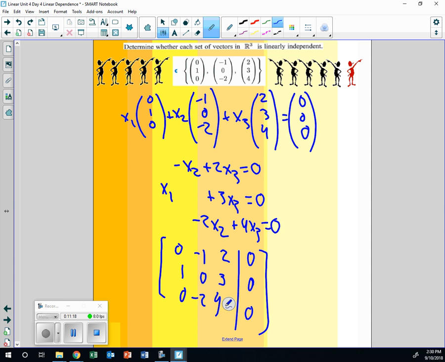Well, my way is way easier. You ready to see it? Just solve these two equations. What's the common variable between these two?